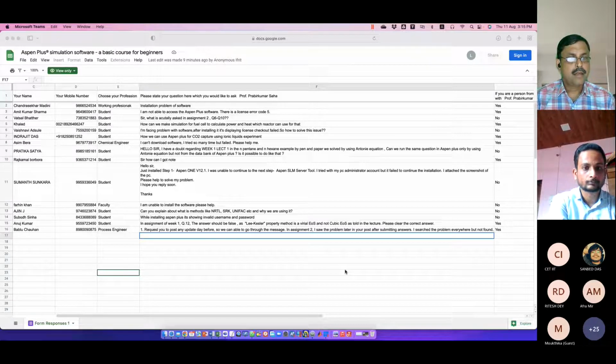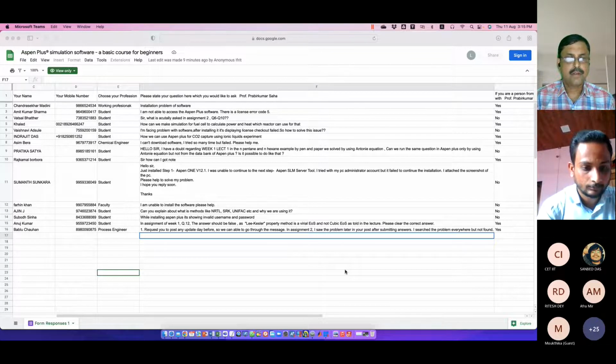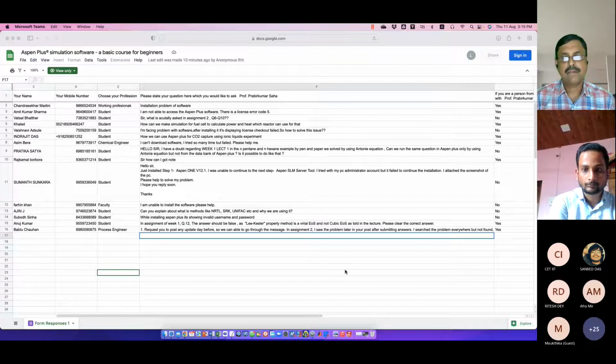And then Shumanta Shankara is saying, hello, sir, I did install step one, and then I was unable to continue to the next step, the server tool. I tried with my PC administrator account. It failed to continue installation. I attached the screenshot of the PC. Again and again, I'm saying, these are things that I cannot solve at your end. For the PC administrator, as I said, you can try with system, the computer name or PC name, and the password you can leave blank, and then you can try.